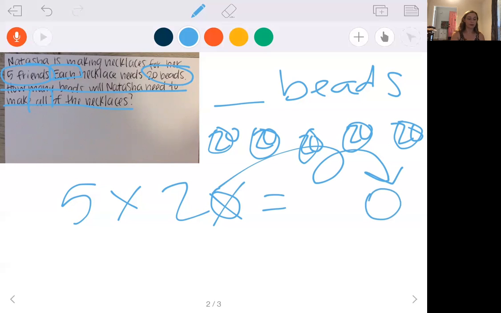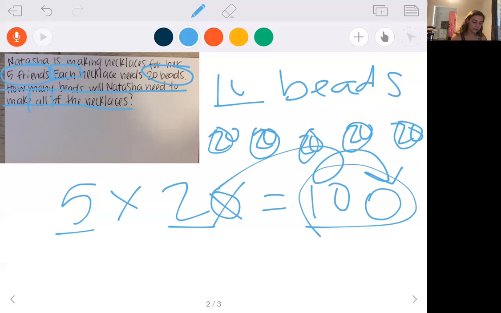Now I'm left with my basic fact of 5 times 2. That's so easy. I know 5 times 2 is 10. So my answer is going to be 100. So I know that Natasha would need 100 beads.